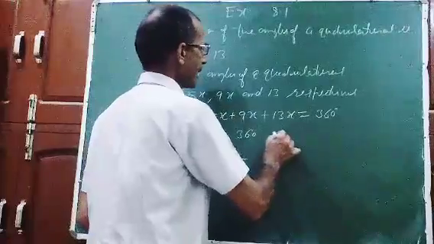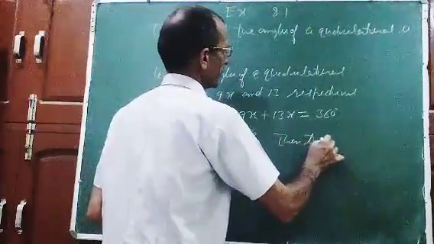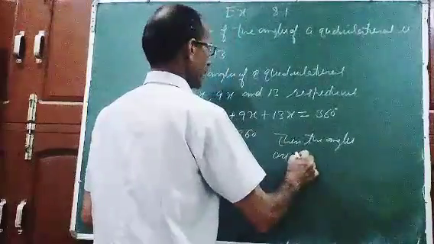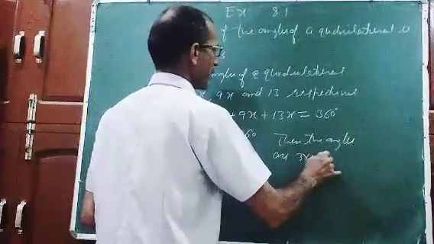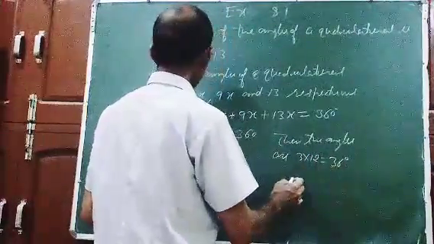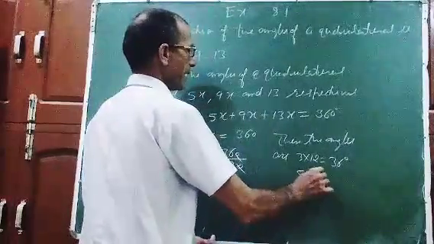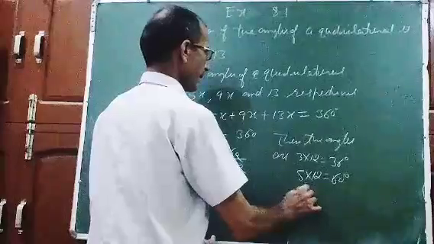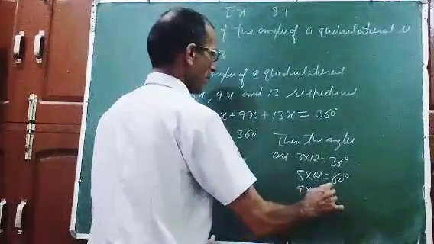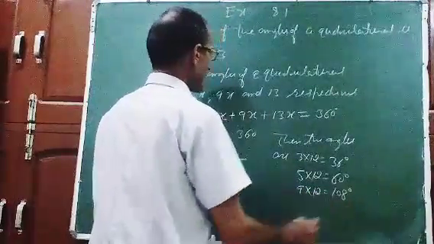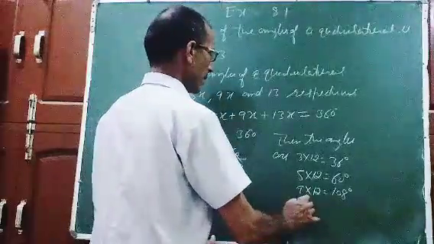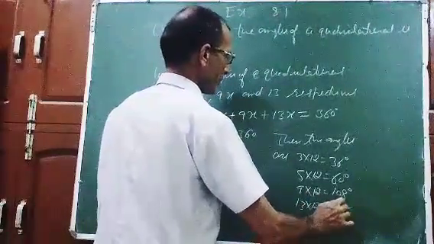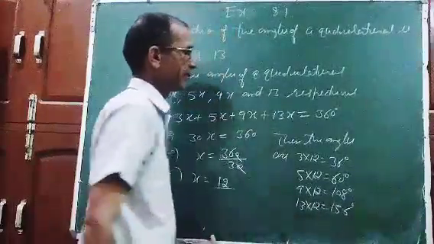Then the angles are: first, 3 multiplied by 12, 36 degrees. Second, 5 multiplied by 12, 60 degrees. Third, 9 multiplied by 12, 108 degrees. And fourth, 13 multiplied by 12, 156 degrees.